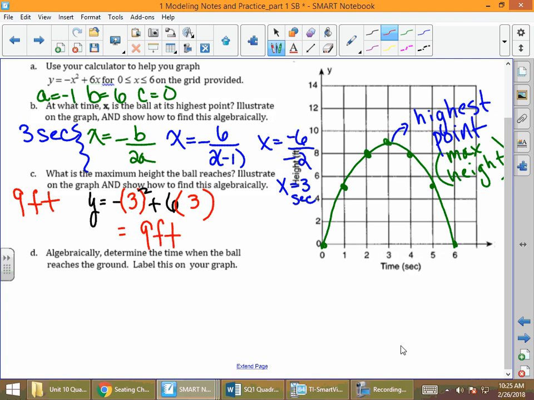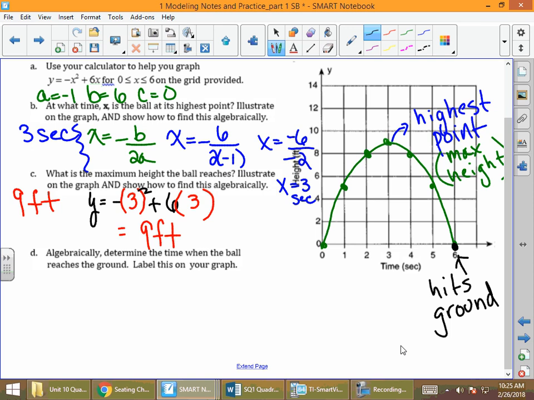So finally, it says algebraically determine the time when the ball reaches the ground, and then label this on our graph. So let's label where it hits the ground first, and it's here. I'll put hits ground at that point.